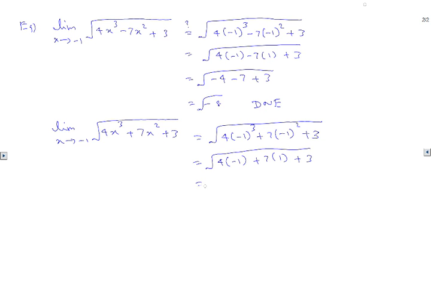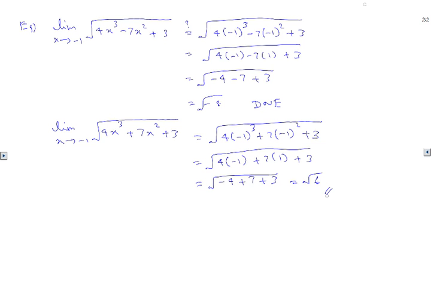And then what's gonna happen now? You get -4 + 7 + 3. So how much do you get? You're gonna get 6, right? So here you get square root of 6, and that is the answer, because that's a nice real number. So the limit is square root 6.